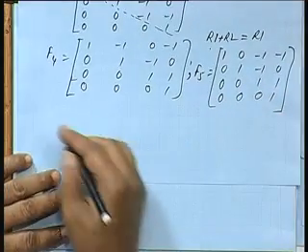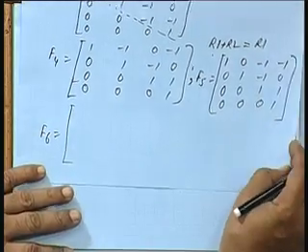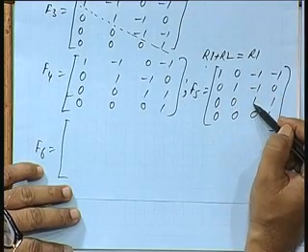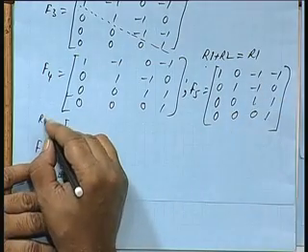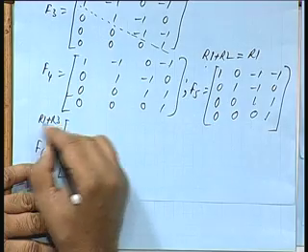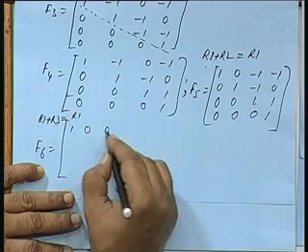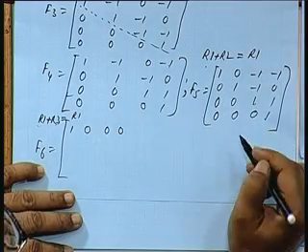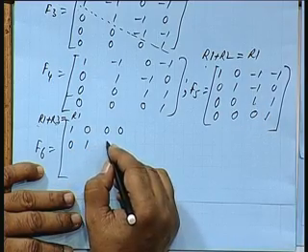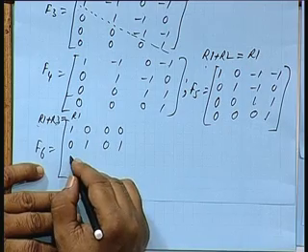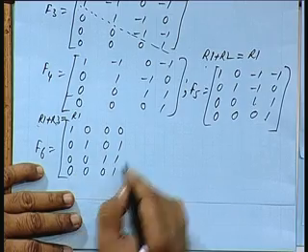Okay. Then F6, it is just a simple manipulation. Now if I add row 3 to row 1, so row 1 is replaced by row 1 plus row 3, then what do I get? 1 0 0 0, then row 2 by row 2 plus row 3, then 0 1 0 1, then 0 0 1 1, then 0 0 0 1.